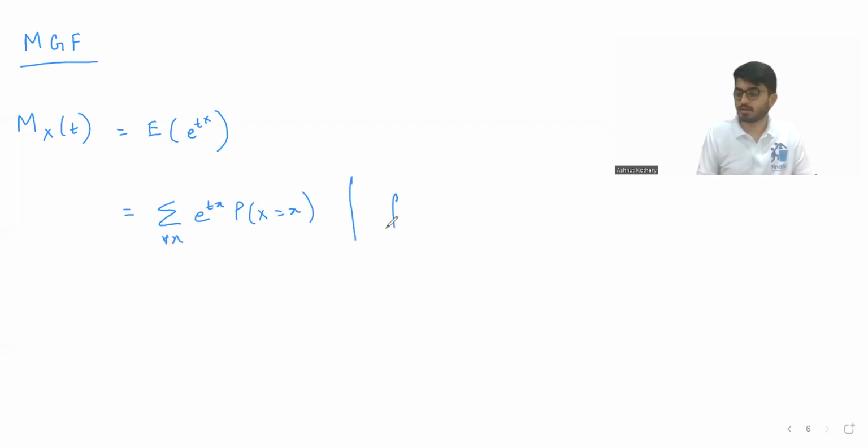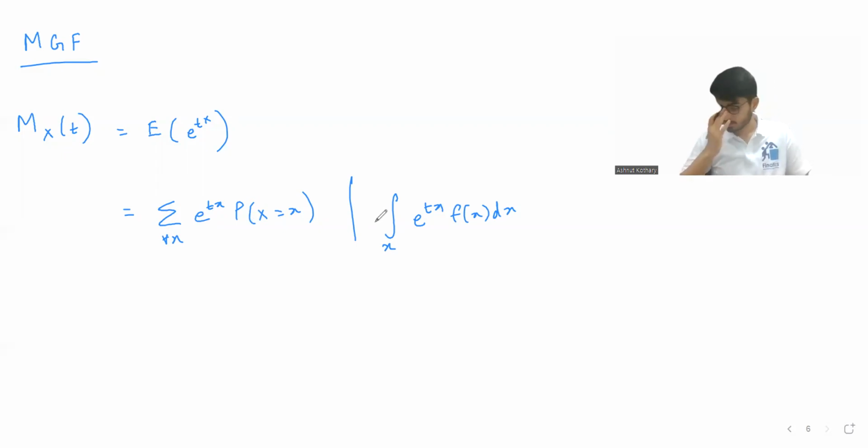And in case it's continuous, it will be the integral of e to the power tx f(x) dx for the whole range of x. This is in case we have a discrete random variable. This is in case we have a continuous random variable.